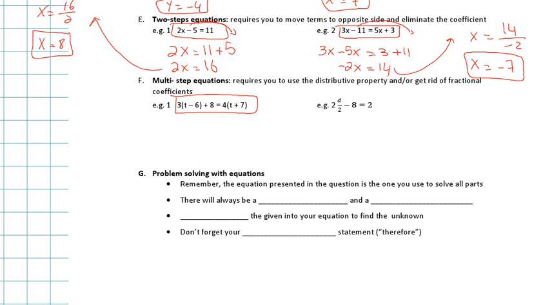Distributive, right? So I have to distribute that 3 in. I have to multiply the 3 by both terms. So it's going to be 3t minus 18 plus 8 equals, and the result is 10t. Same thing happens here. 40 plus 28.